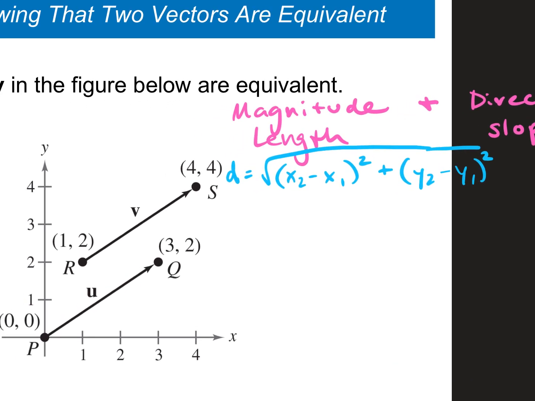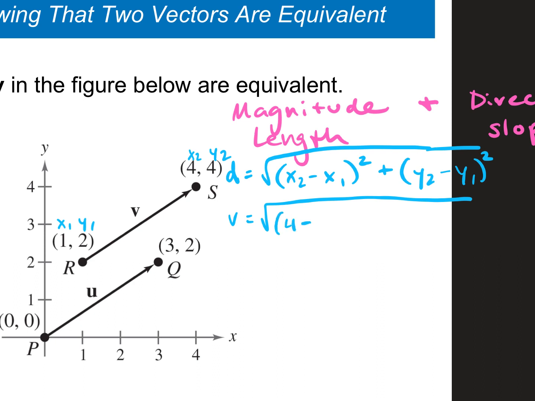All right, so let's find the length of our first vector, vector v. I'm going to call this x1, y1, and x2, y2. So we plug it in. It doesn't matter which one's with which for now, but it will once we start determining the vector, when the terminal versus initial point will matter.